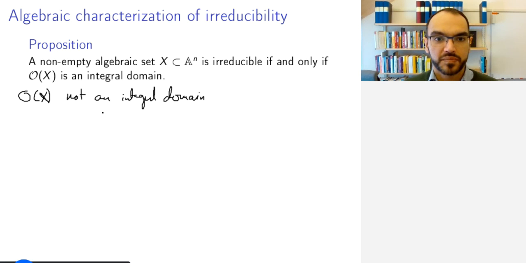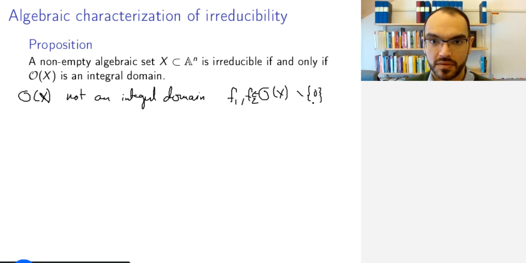So we know that there are 0 divisors. So then we have f1, f2 in O of X, not 0, such that f1 times f2 is 0.